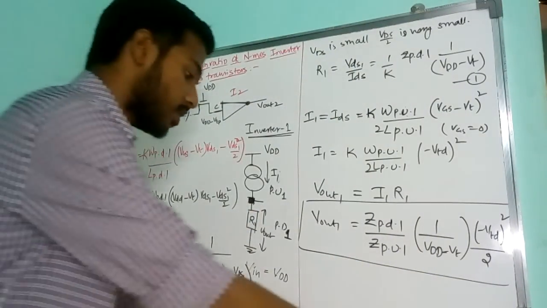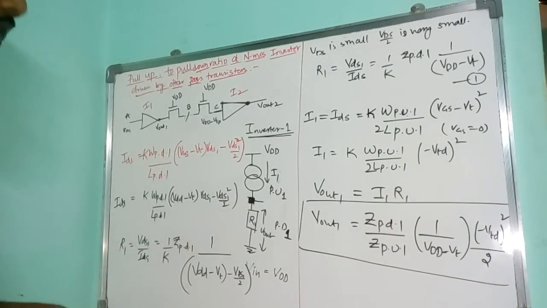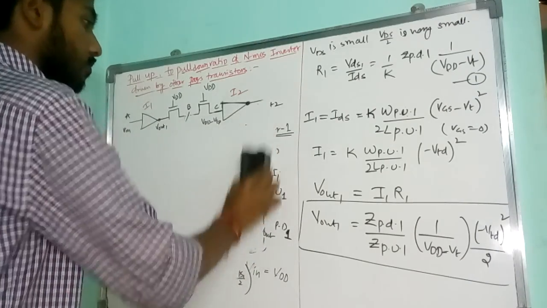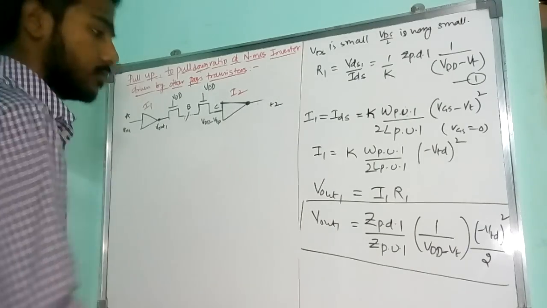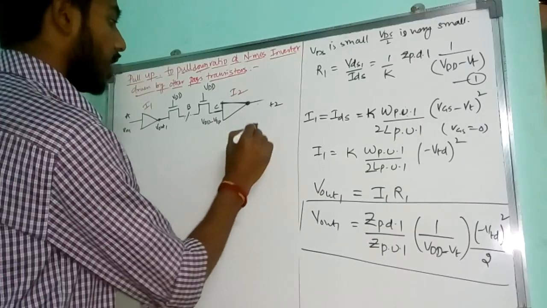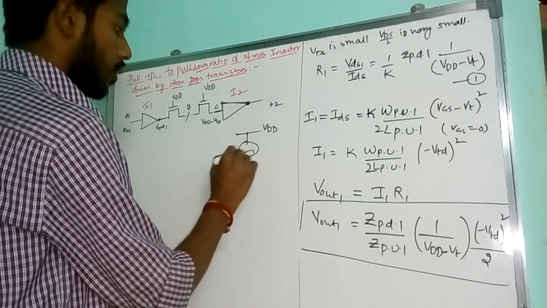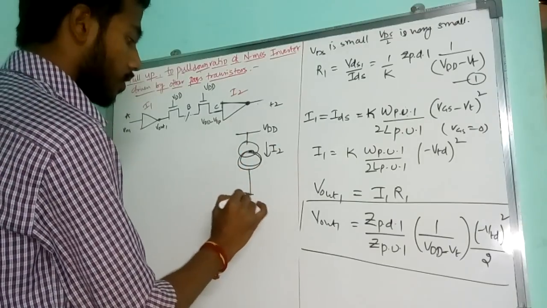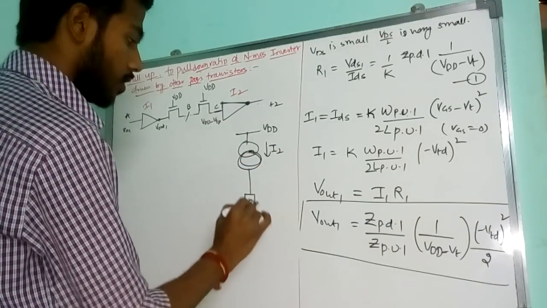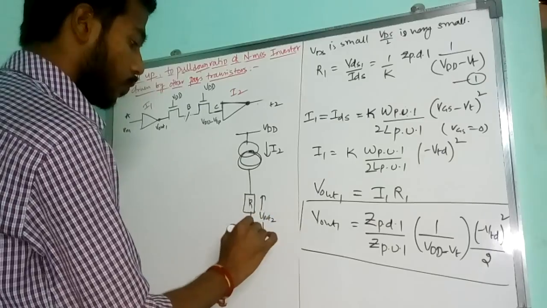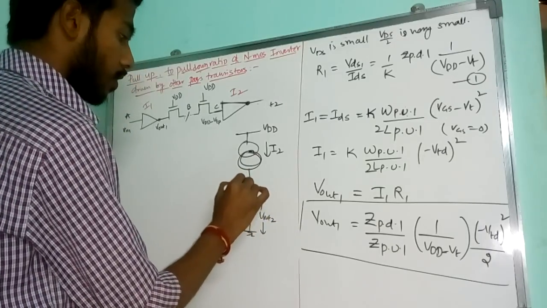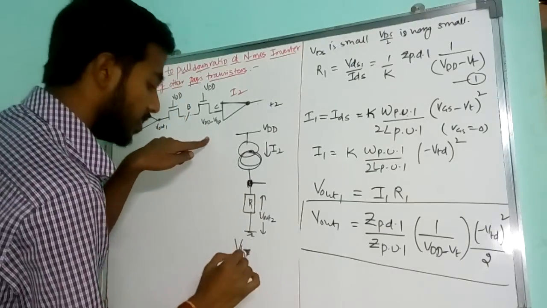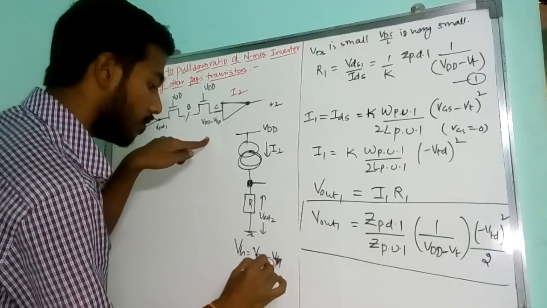In a similar fashion, if I solve for my second inverter, even my second inverter has VDD. This also acts as a current source. Here it is I2. It is my resistor. It is Vout2. Here my Vin is changed. My Vin is replaced by VDD minus VTP.